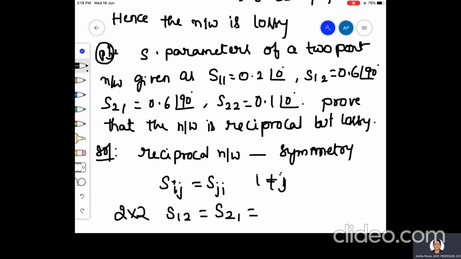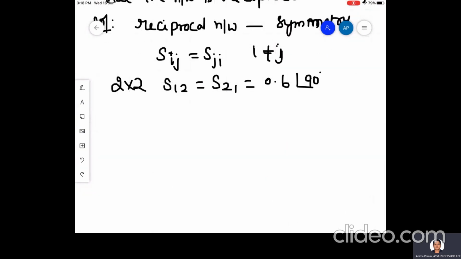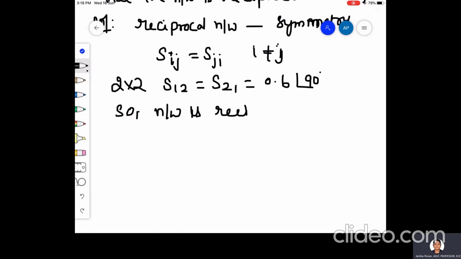In this case, both are the same, 0.6 at an angle of 90 degrees. So you can say that the network is reciprocal. Then you need to prove whether the network is lossless or lossy.